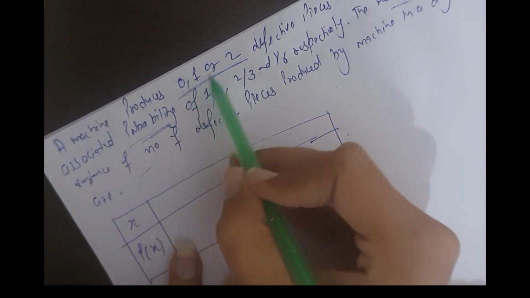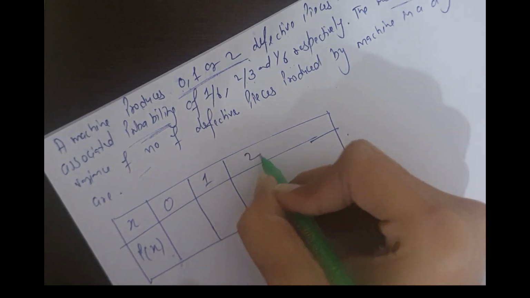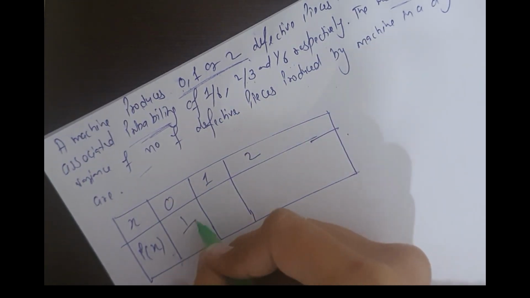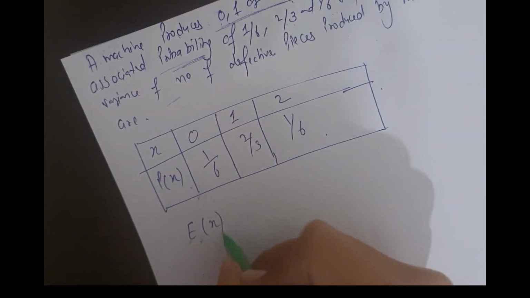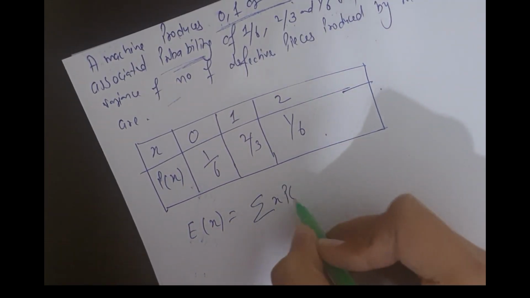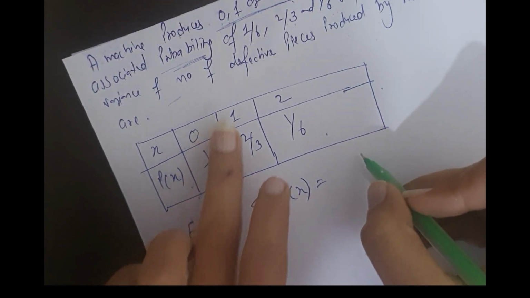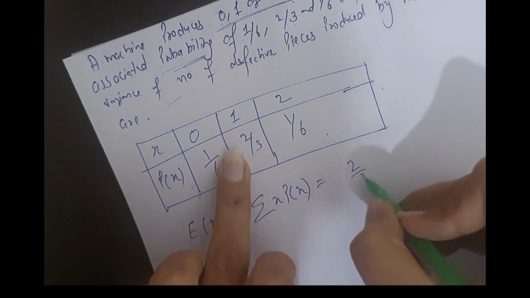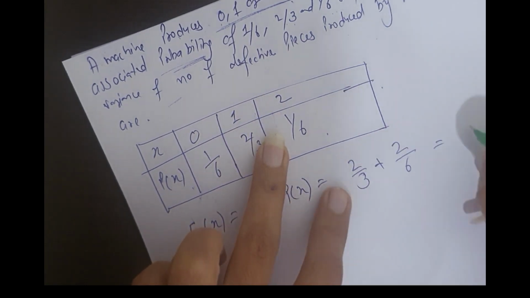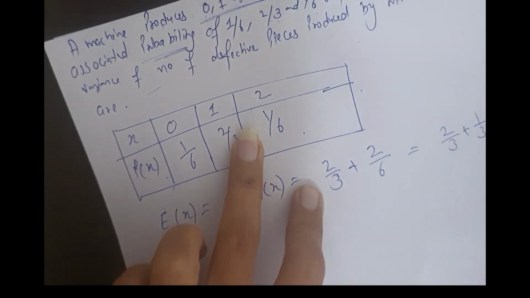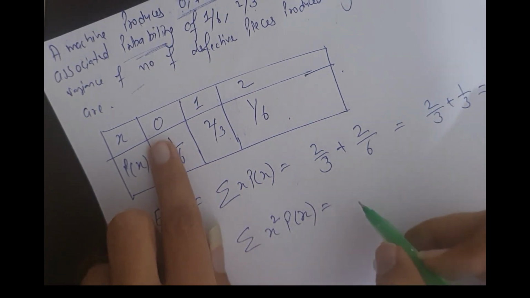Now what is x? 0, 1, 2. Its probability is 1 by 6, 2 by 3 and 1 by 6. Now what is Ex? That is summation of x px: 0 into 1 by 6 is 0, 1 into 2 by 3 is 2 by 3, plus 2 into 1 by 6 is 2 by 6. The answer will come out to be 1. I am doing it directly because I have given you many examples of it in my previous lecture.